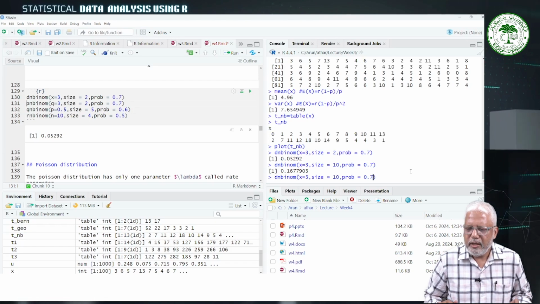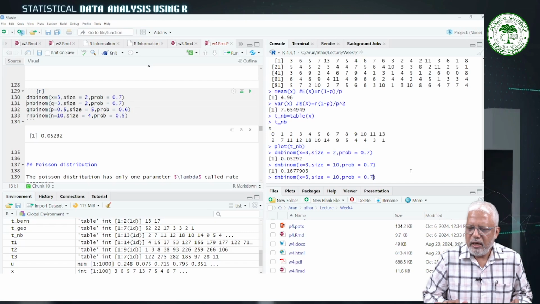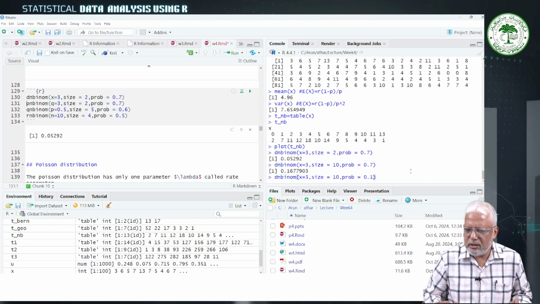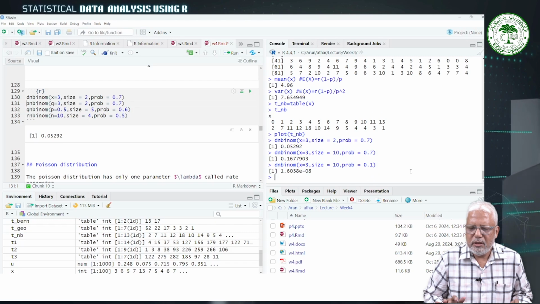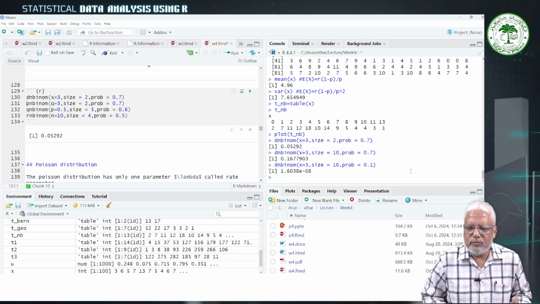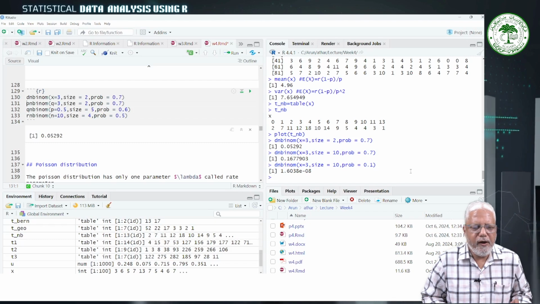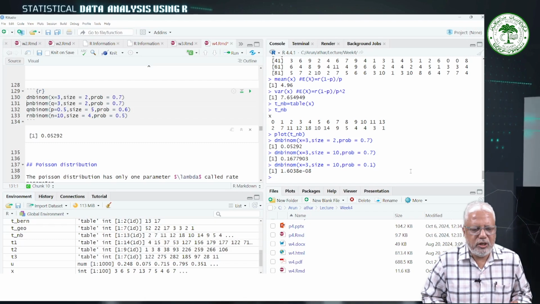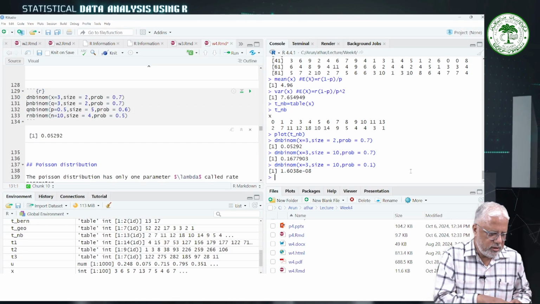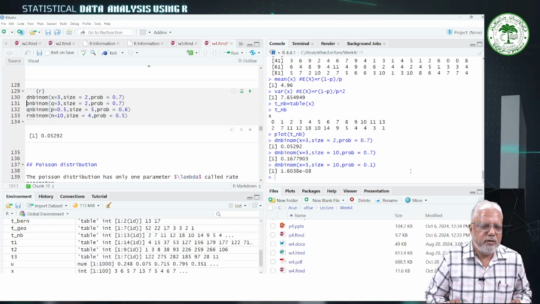Similarly, if size is 10 and we decrease the probability, it is a very small value, 1.60 times 10 to the power minus 8. So this way, if we change the parameters, the probabilities will change.